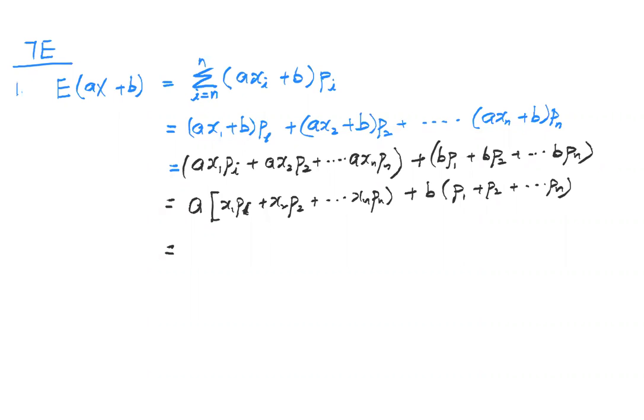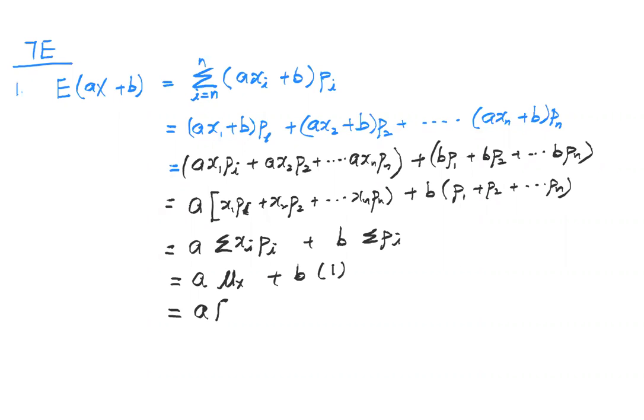So this will be a times the sum of xi Pi plus b times the sum of Pi. So this will be a times the mean of X plus b times 1. So this will be a times the mean of X, we always write like that. So you are done.